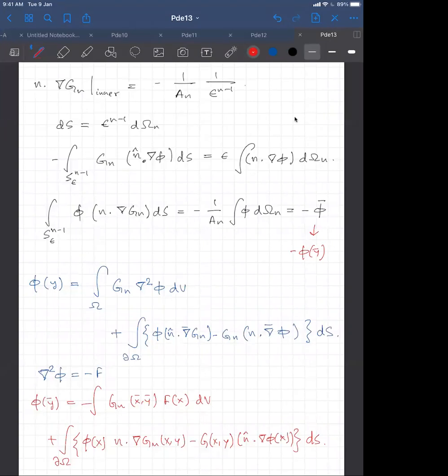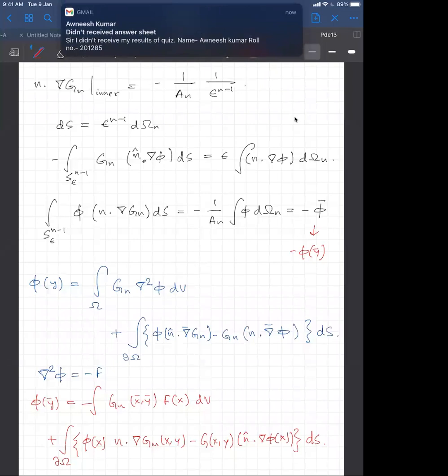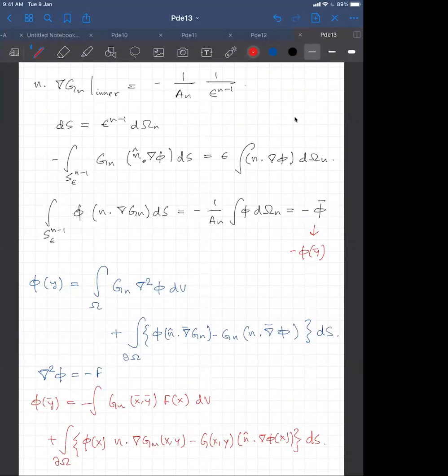So this is indeed a remarkable formula. Just recall that y can be any point in Rn, and we see that this particular equation in red describes a solution throughout our domain in terms of solutions on the boundary, the known function Gn, and the forcing term.